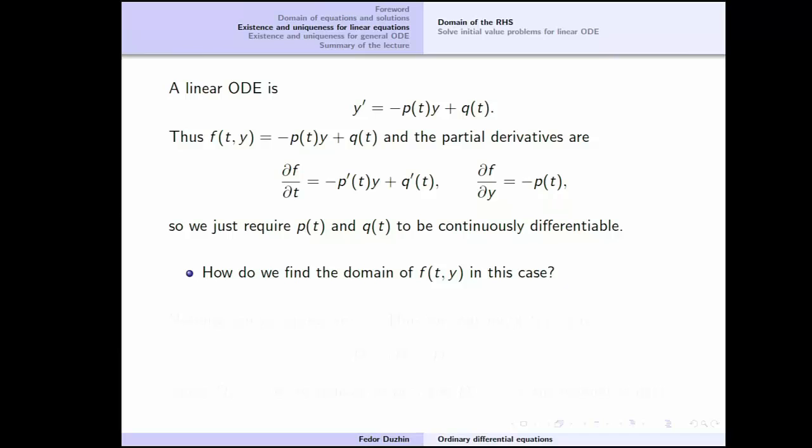Now let's think of the domain. In general, when you find the domain of any function, what you really need to think about is which points do not belong to the domain. So in other words, for which values of the independent variables your function is undefined, when you cannot compute the value.